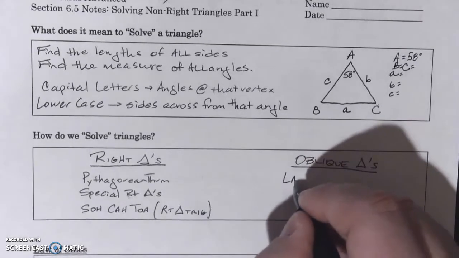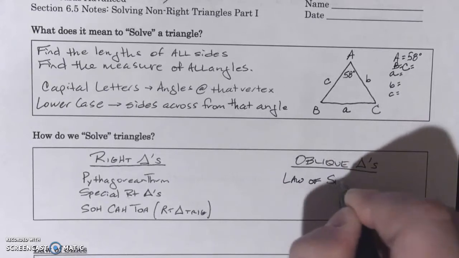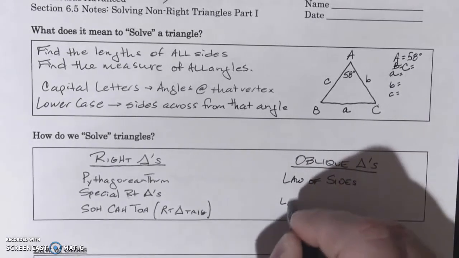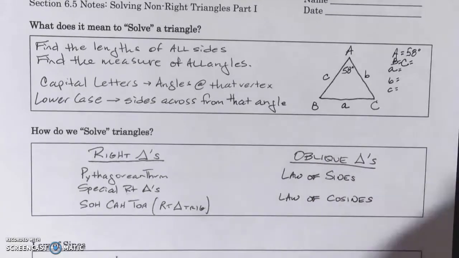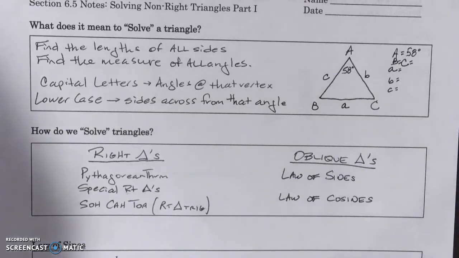We have the law of sines. We have the law of cosines. Technically, there is a law of tangents, but law of sines and cosines can solve any triangles where we would use the law of tangents, so it's really a law that never actually needs to be used. We don't teach it. Neither does our book.